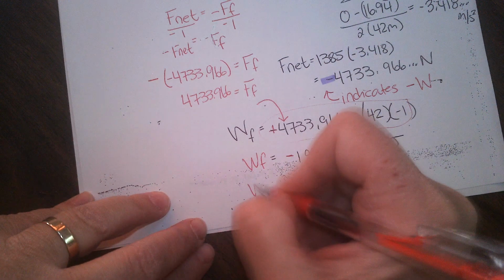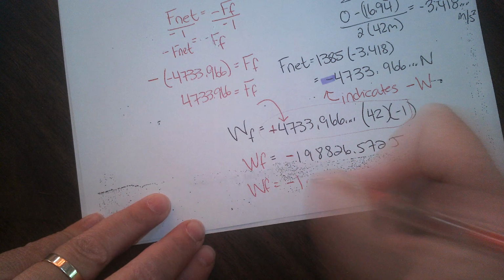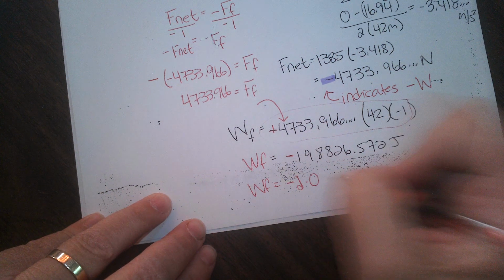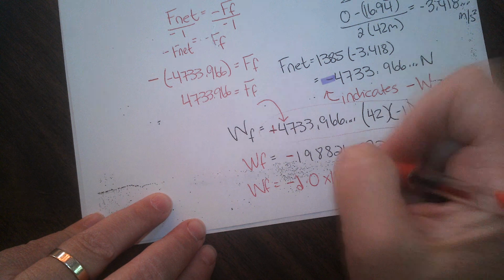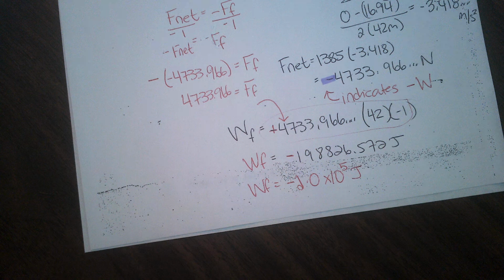So just like a negative sign before told us left, down, away, backwards, south, a negative sign here tells us that the work is in the opposite direction of the force being applied.